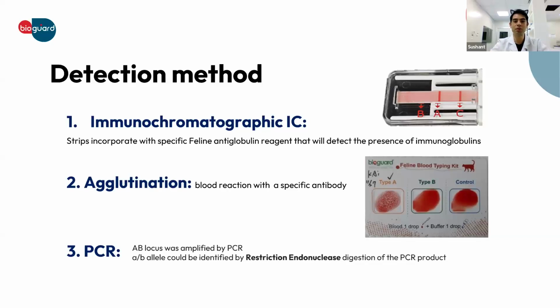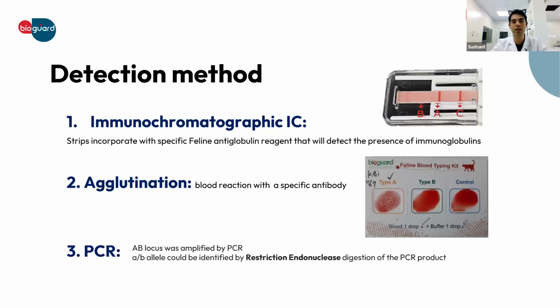First is the immunochromatographic method, where the technique is based on chromatography. There are immunocomponents embedded on the surface of the strip. When the blood sample is put onto the strip, it runs over those immunocomponents, and a reaction happens due to the sandwich of the two components, and the results are identified directly by eye.